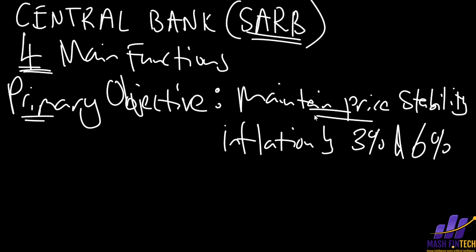She does not have that mandate to change the primary objective of the Reserve Bank. This can only be changed by Parliament. Eventually, I think she was fired because of incompetence. There are many other issues that she got herself involved in, not just the issue of trying to change the mandate of the central bank. But as it stands, the primary objective of the South African Reserve Bank is to maintain price stability.